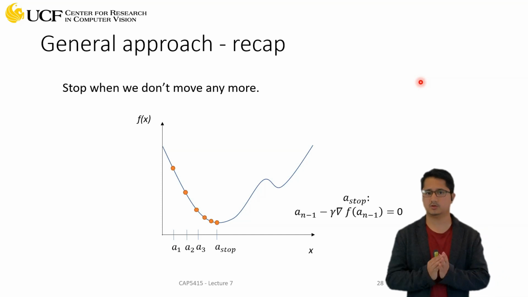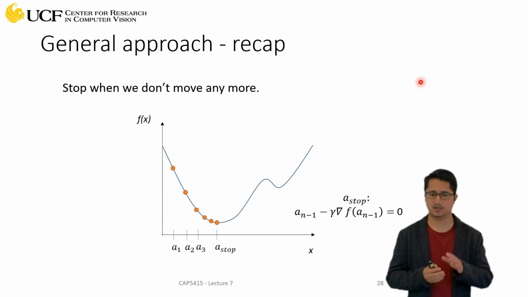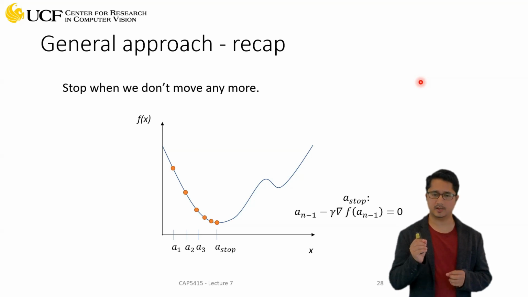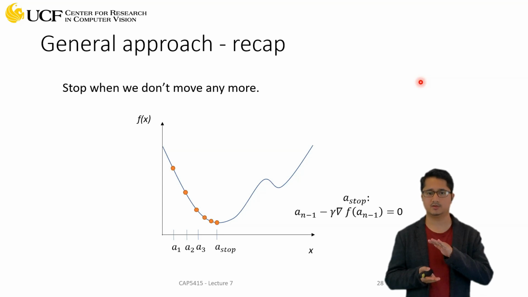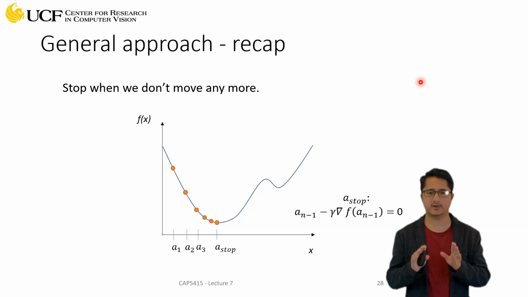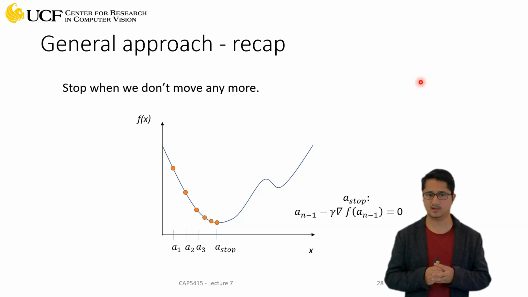We were talking about optimization, and given a function, the idea is we want to find a place in this function where the value of this function is minimum. That's the high level idea of what optimization is.